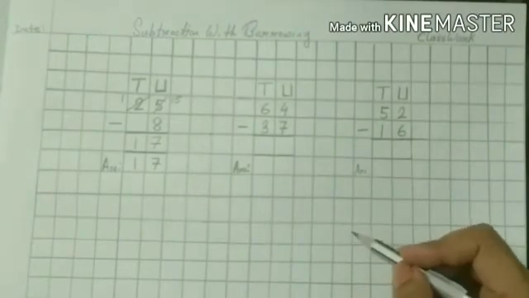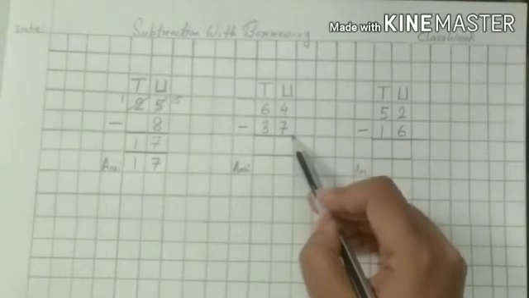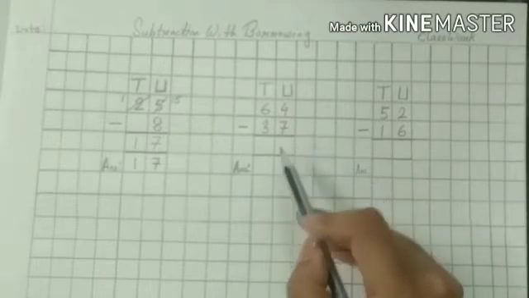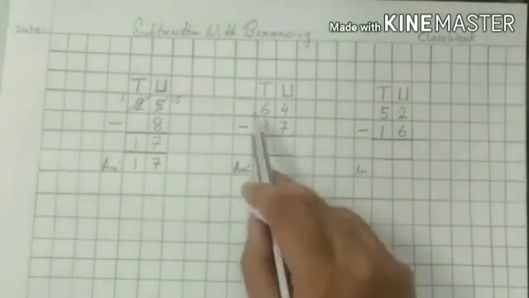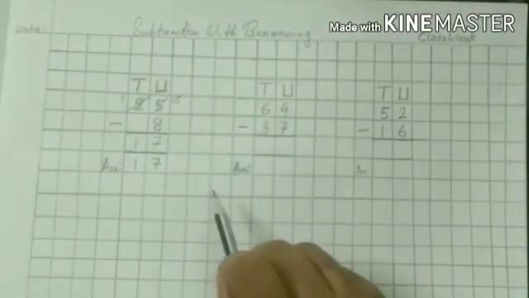Children, we cannot subtract 7 units from 4 units because 4 is less than 7. So, we will borrow 1 ten from the tens column.